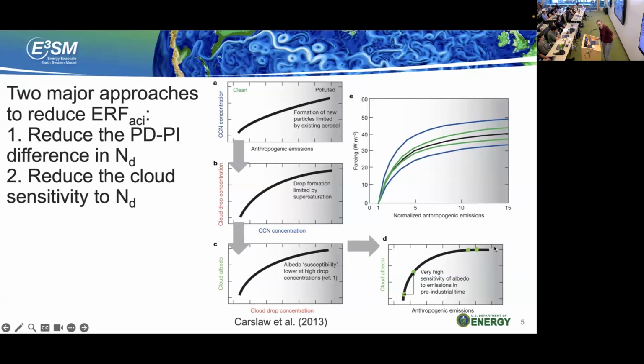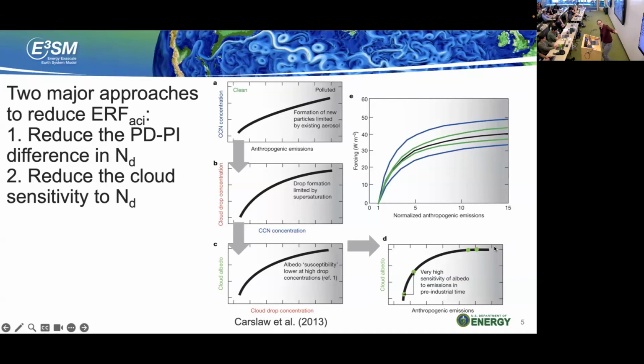And so if you're on the left-hand side of this bottom right plot, at very low emissions, like in the pre-industrial background atmosphere, you have a very, very strong sensitivity of the overall albedo of clouds to changes in emissions.